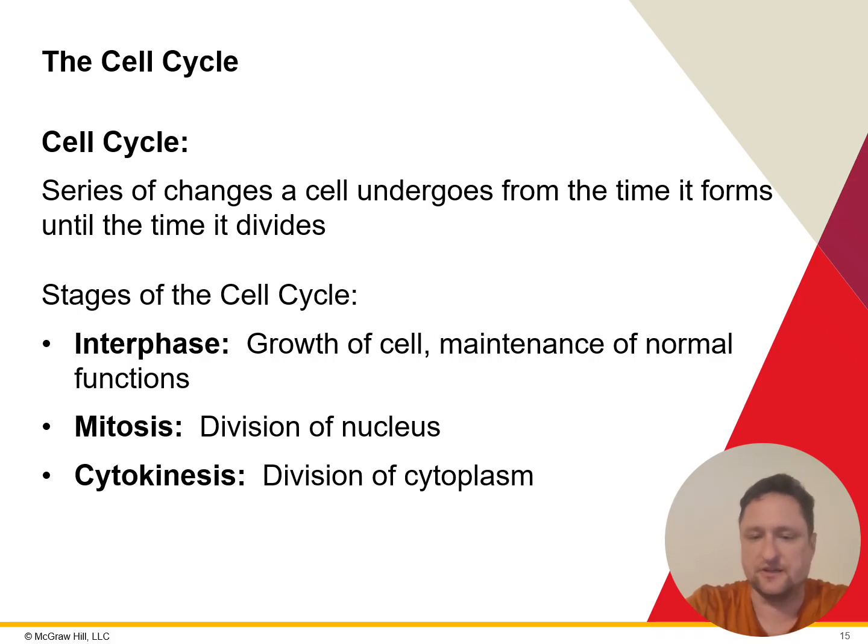Let's move on to the cell cycle. So that is the cell, those are the organelles, that's the cytoplasm, that's the cell membrane, nucleus, all that stuff. So let's move on to the cell cycle. The cell cycle encompasses all the stages a cell undergoes from its formation to its division into two daughter cells.